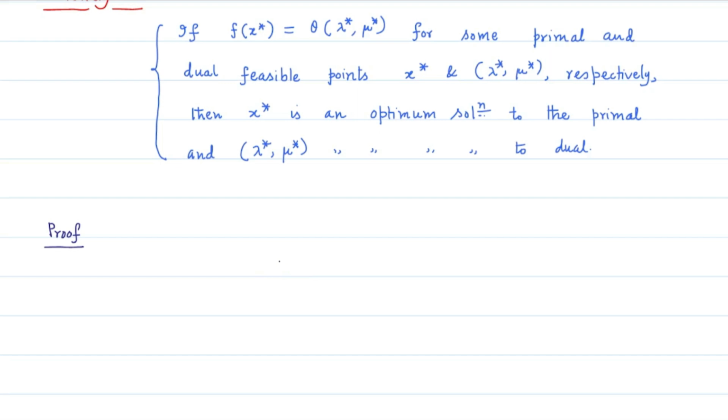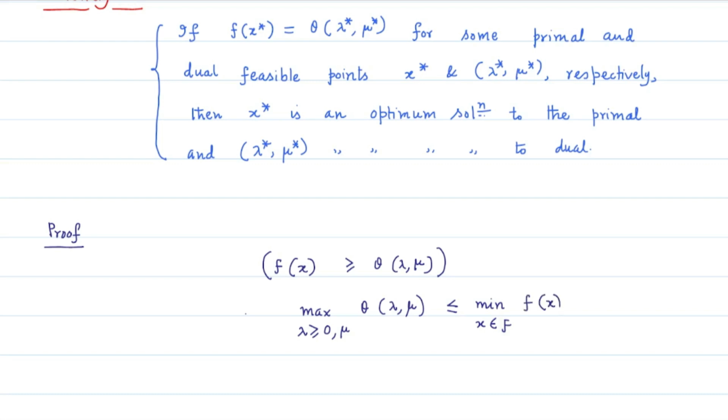From the weak duality result, we have seen that for any feasible point x to the primal and a feasible point, say lambda mu, to the dual, we have theta lambda mu less than or equal to f x, and from here we have seen earlier that the maximum over lambda greater than or equal to 0 of theta lambda mu is less than or equal to the minimum over x belonging to the feasible set of the function f.